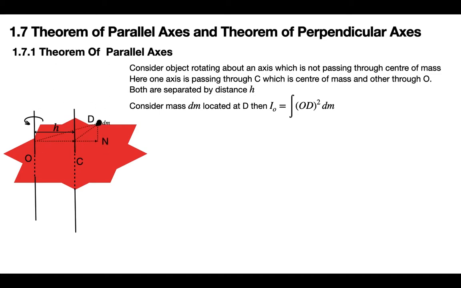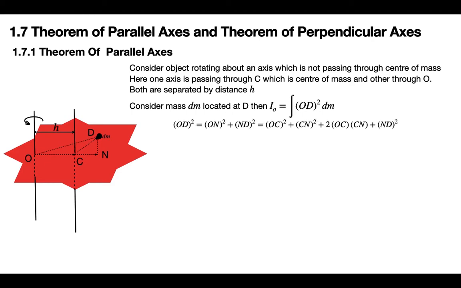Similarly, consider a mass dm located at D. Then the moment of inertia of that small mass dm around the axis of rotation at O is the distance of dm from the axis, OD. So we can write IO is equal to the integration of OD square dm.